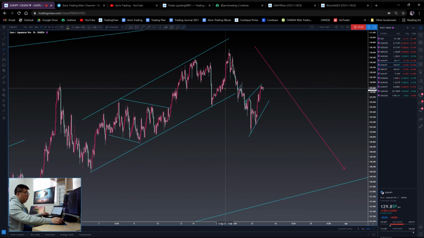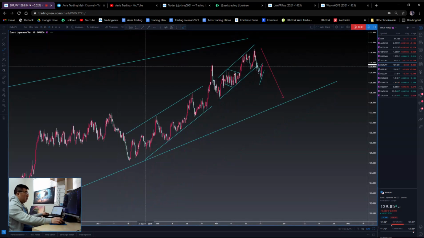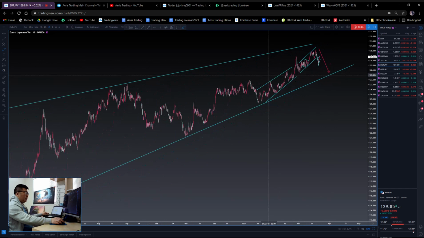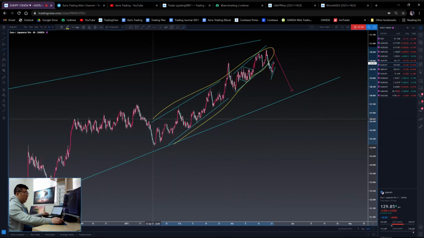FOMC meeting right here, price pushes to the upside, but what it does is still stay in this ascending channel with a double top, and price, surely enough, has a reverse impulse out of this ascending channel. Again, from a higher time frame perspective, we just have to see that we've been moving up in this rising wedge, and this latest bit of the price is very corrective.